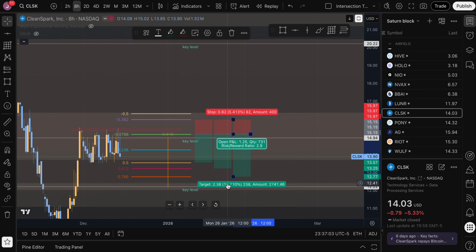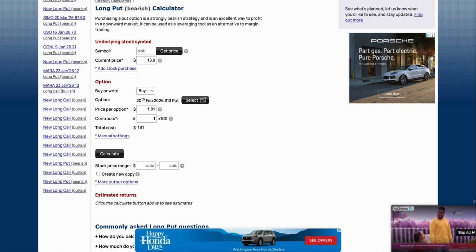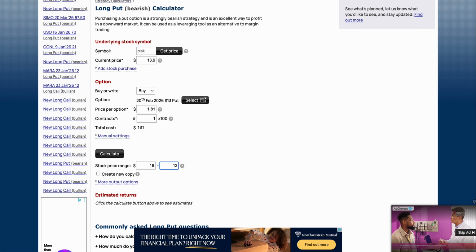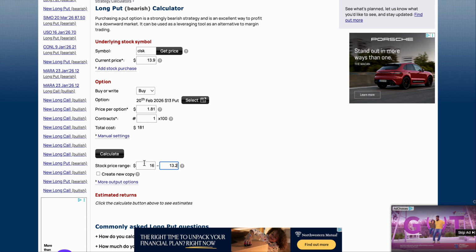What's the key level? 12.20. Yeah, but what are these? 13.20 and 16. 2.181 per contract.